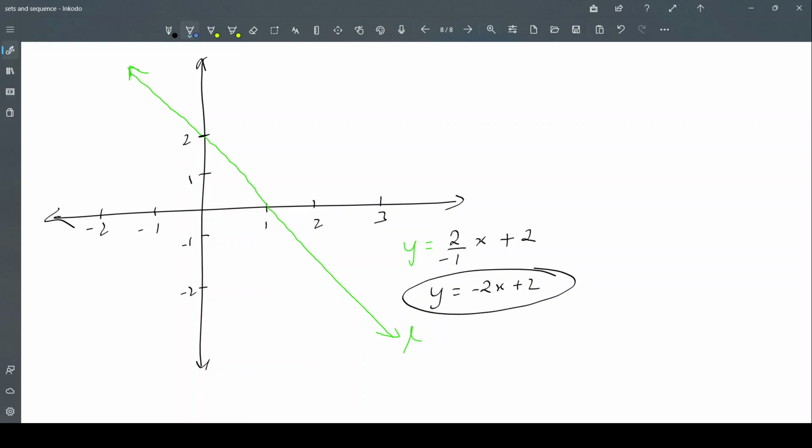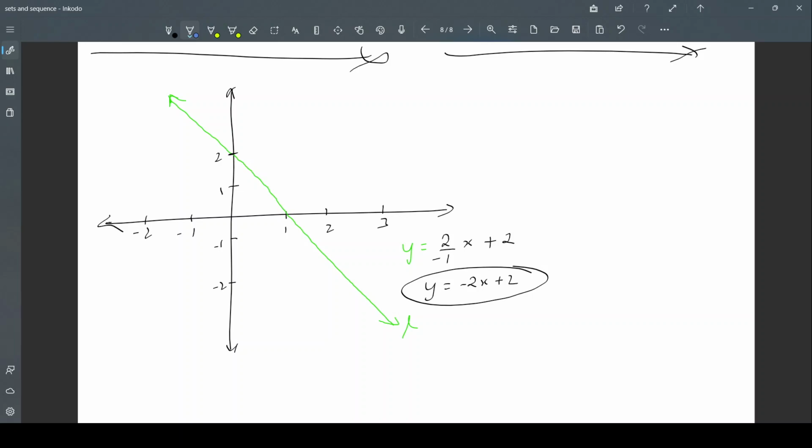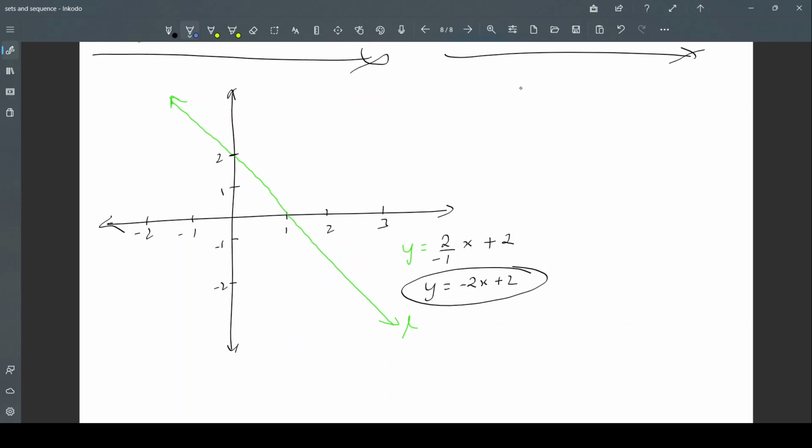Okay, let me give you an example. Let's say another line is parallel and passing through coordinate 2, 1. That's fine, and if they are giving us the coordinate, that's again fine.